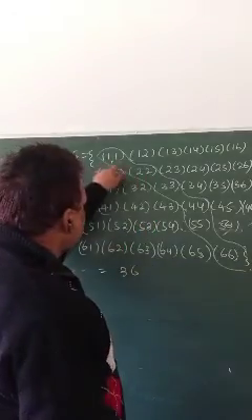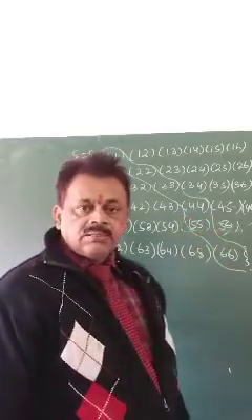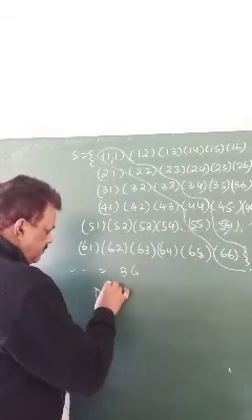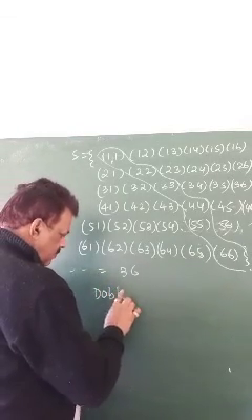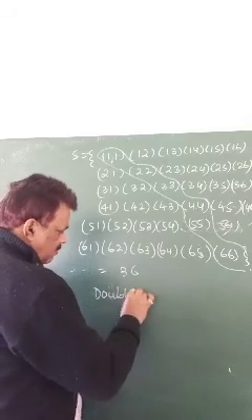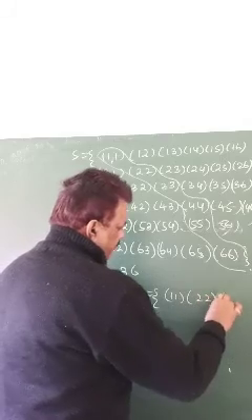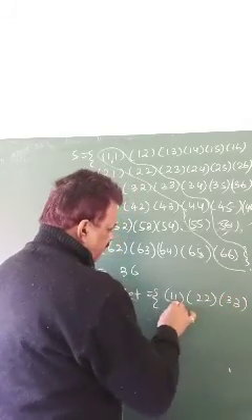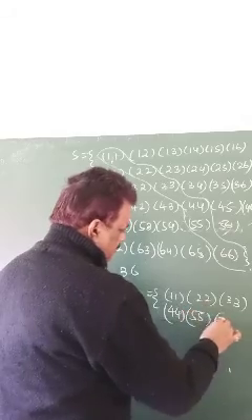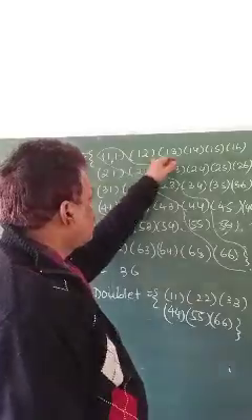The same numbers 1, 1, 2, 2, 3, 3, 4, 4, 5, 5, 6, 6 are called doublets. So I am telling you doublets: 1 1, 2 2, 3 3, 4 4, 5 5, 6 6.